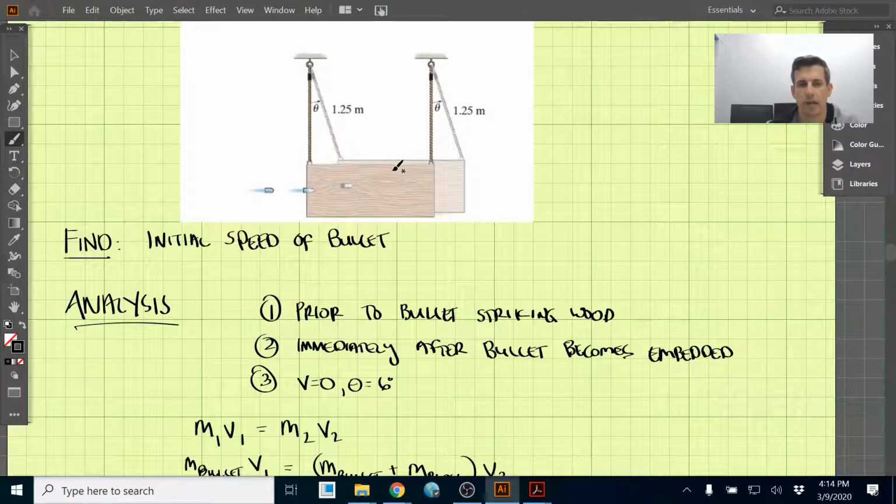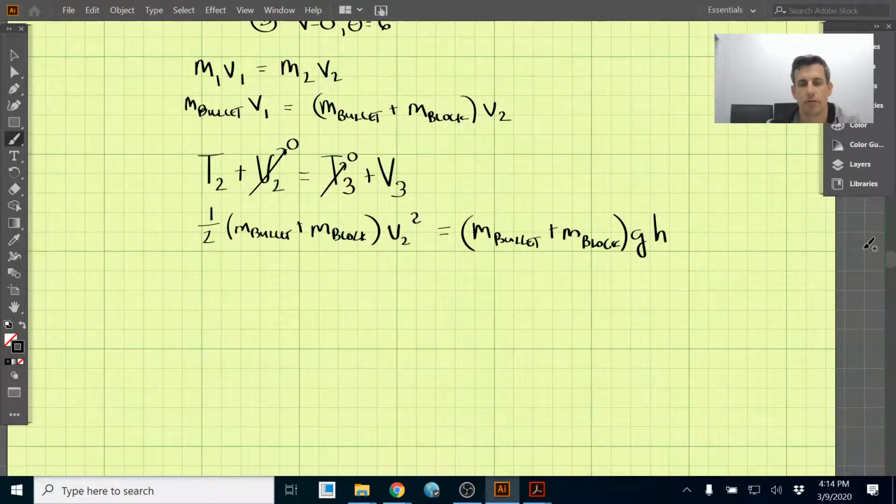So h is actually the distance that it changes in height from the bullet first striking to when it comes to a velocity of 0. So that small height there is what we're looking for, h. So what is that distance? Well, let me draw a triangle here and see if we can find it. Initially, the cable that holds the block is 1.25 meters long.